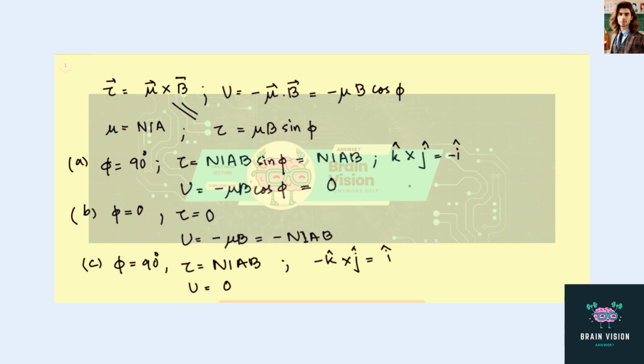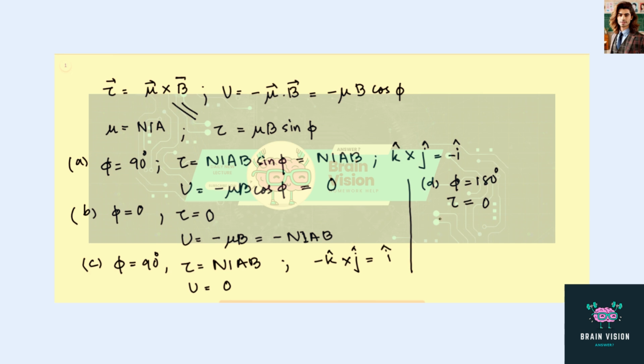Now for the last part, phi is 180 degrees. That means torque is going to be equal to 0 because sine of 180 is 0.